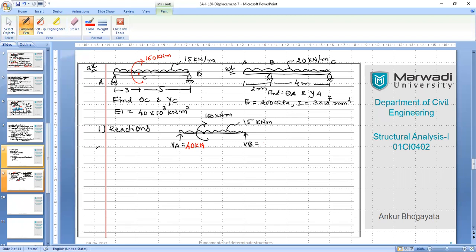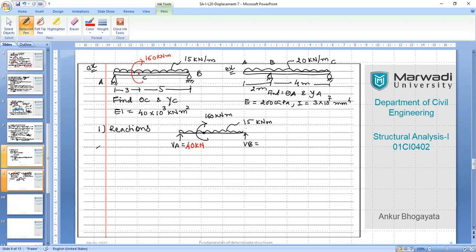Then it should also be 40. 15 into 8. I insist that you work upon it once again. 15 into 8, that's all.